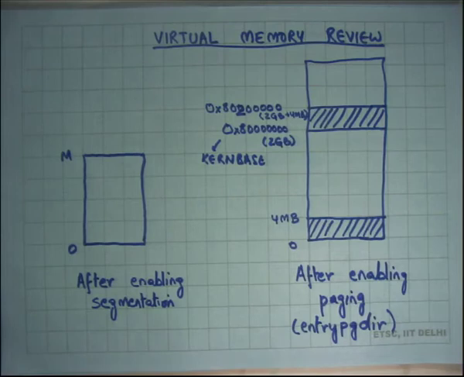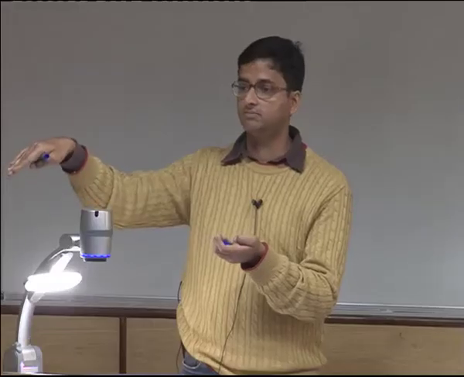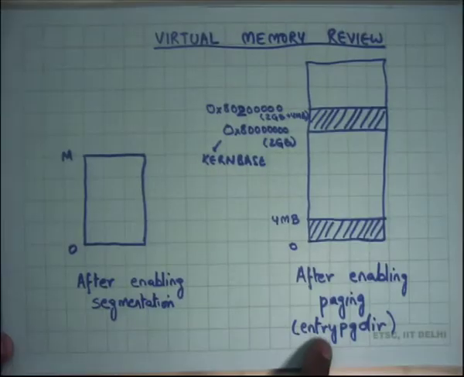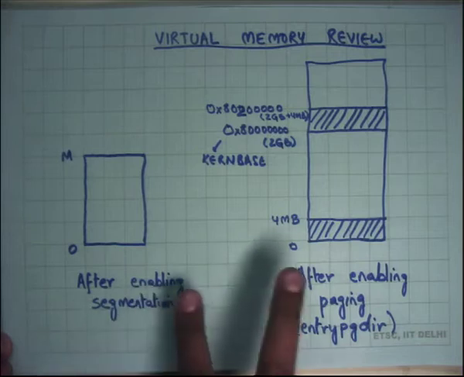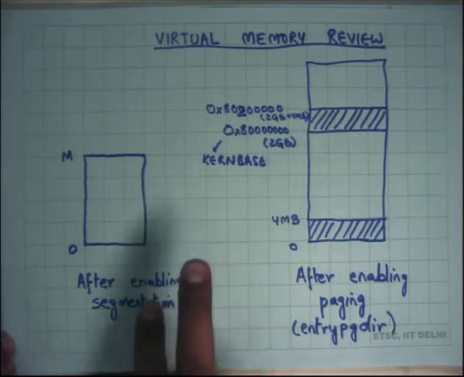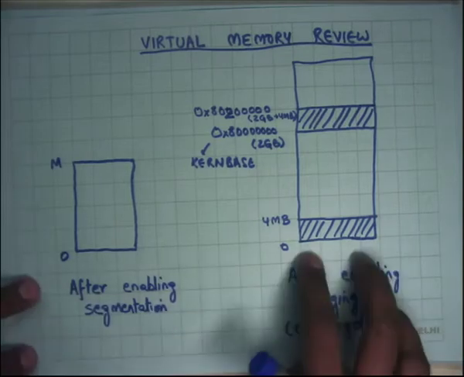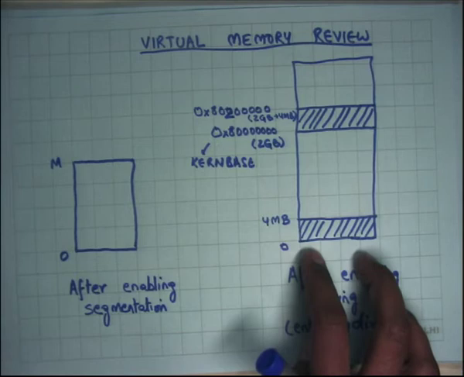So if you access address KERNBASE plus X, assuming X is less than 4 MB, then you will hit physical address X, right? That's how the entry page directory was configured, and so the entry.S code just switches from this address space to this address space as soon as it sets up CR3 to point to the entry page directory and enables paging. Suddenly I'm running in this address space.